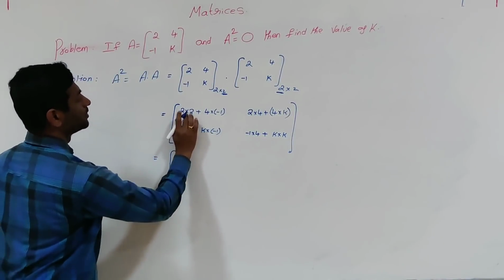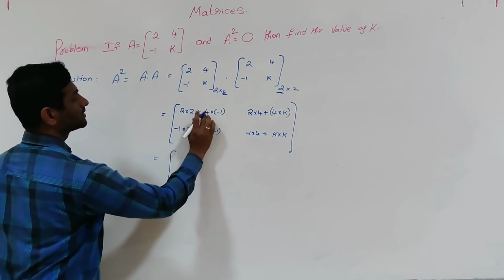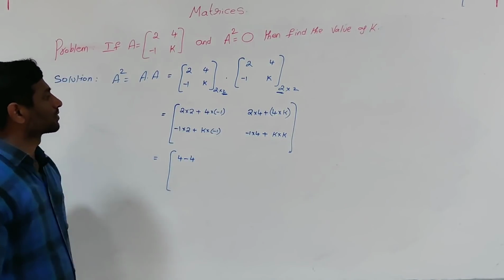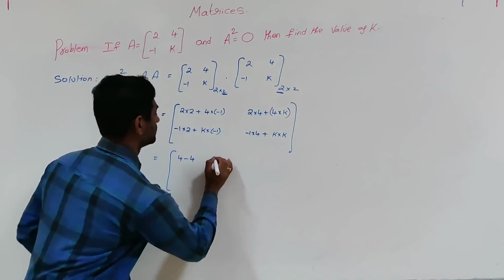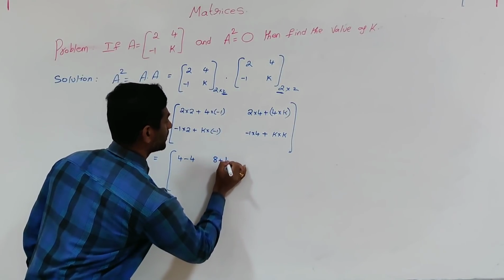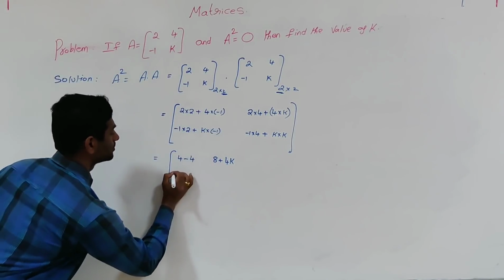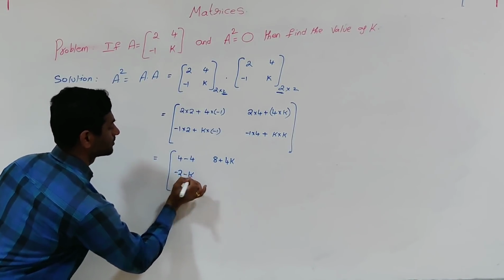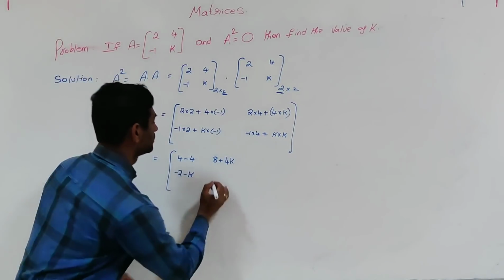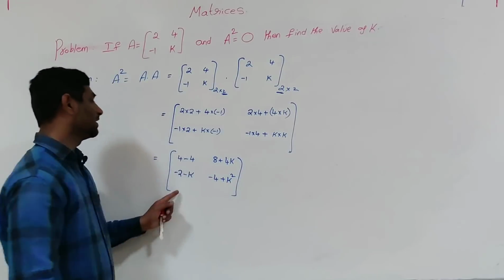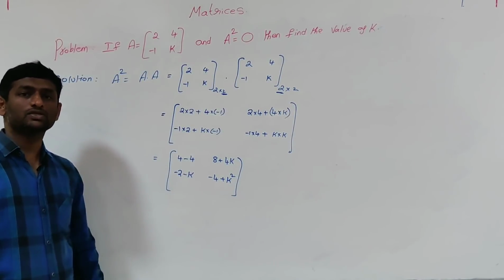That will be 2 into 2 is 4, plus 4 into minus 1, so 4 minus 4, which is 0. Then 8 plus 4K. Then minus 2 minus K. Then minus 4 plus K square. These are the elements present in A square.